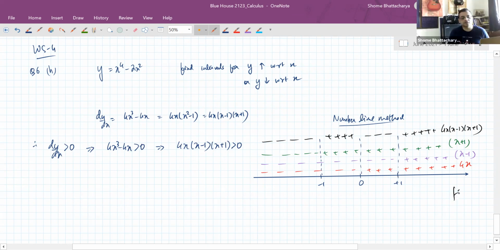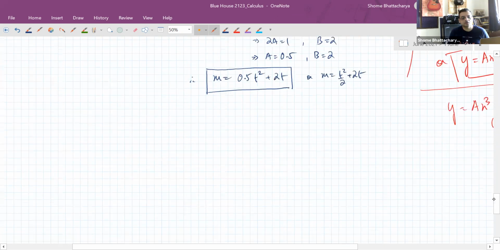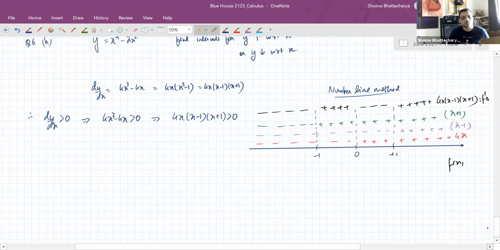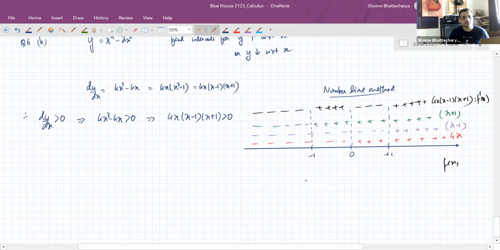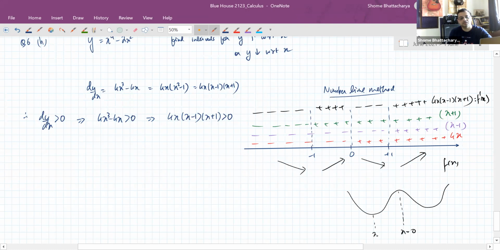Because this is the derivative of the function, the function should be decreasing in this region because this is negative, then again increasing in this region, then again decreasing, then again increasing. So the graph of the function should be something like this, where this is x equal to 0, this is x equal to minus 1, this is x equal to plus 1.